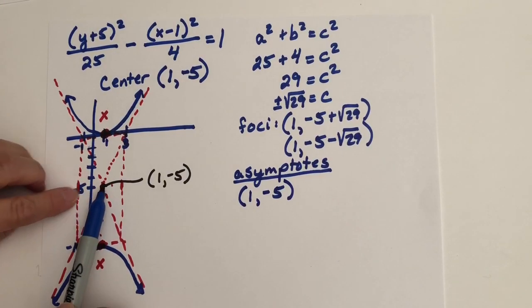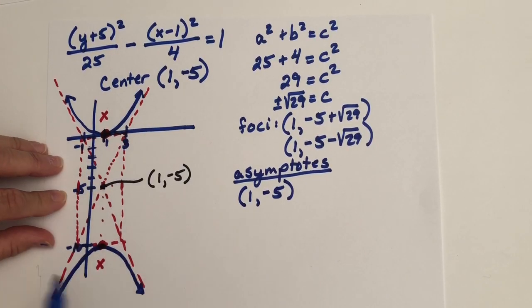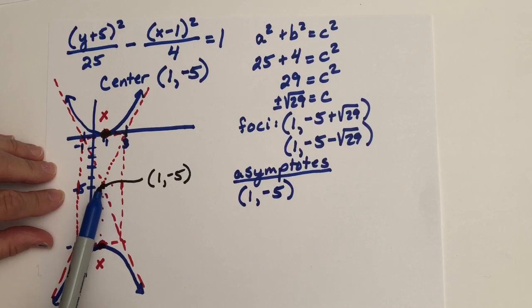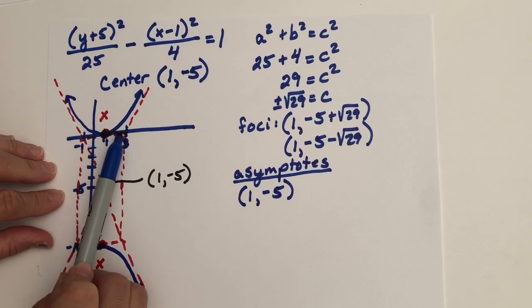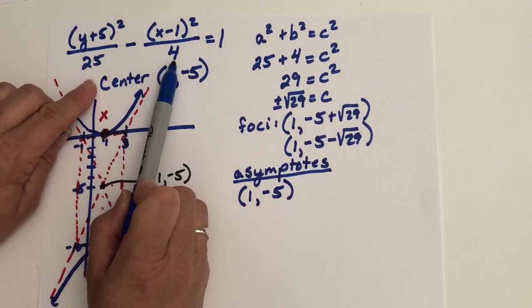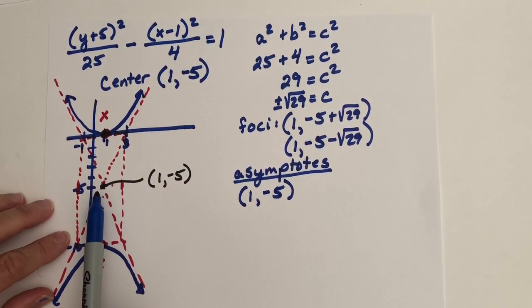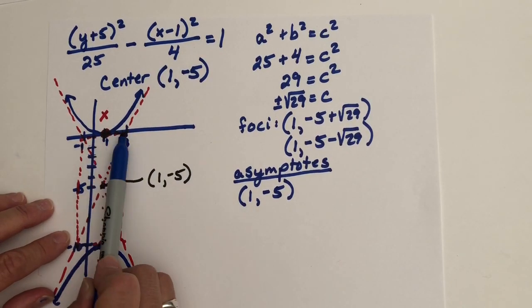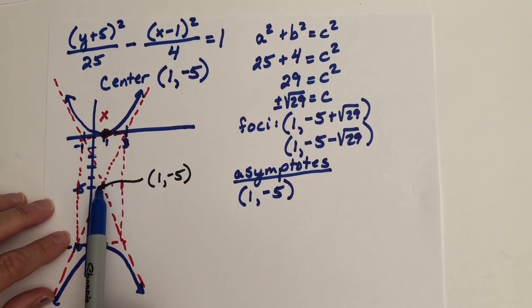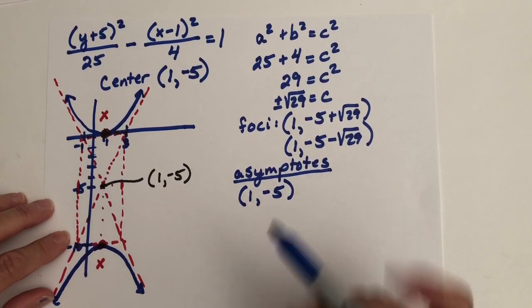The slope is rise over run, and we can see it from our box. Remember, it was up 5 and over 2, and those numbers came from the denominators of these expressions. So up 5 over 2, and up 5 and left 2. So a positive 5/2 and a negative 5/2.